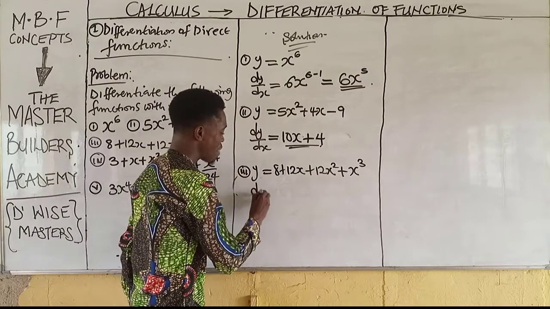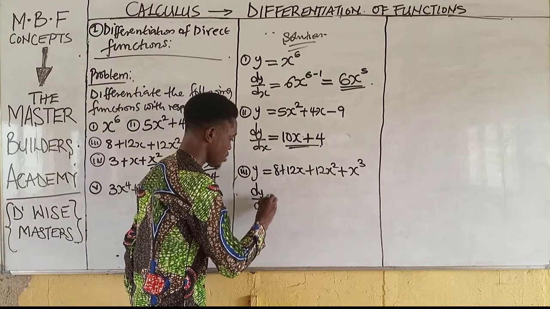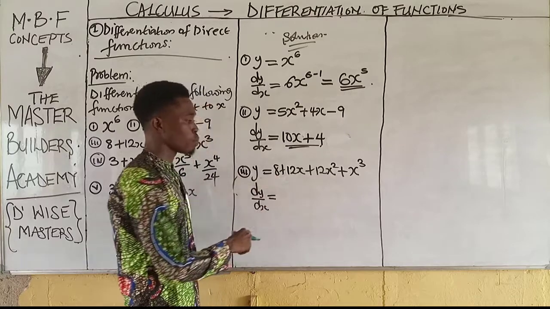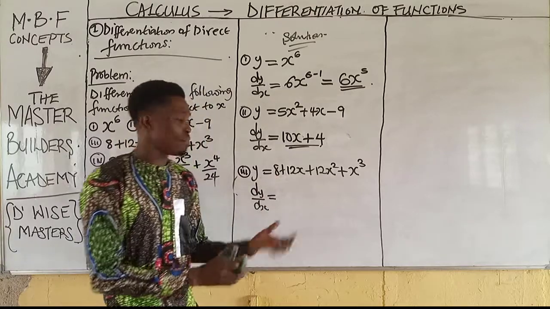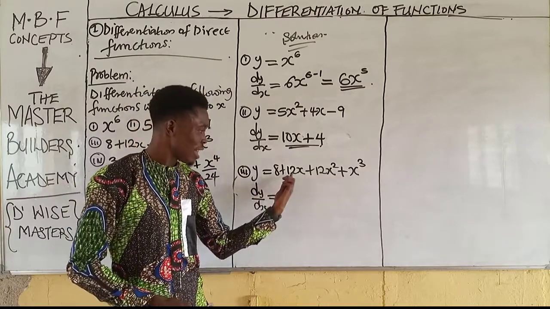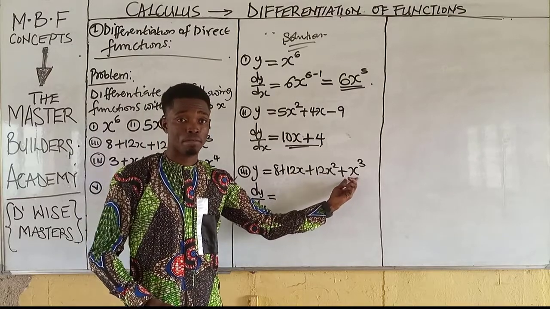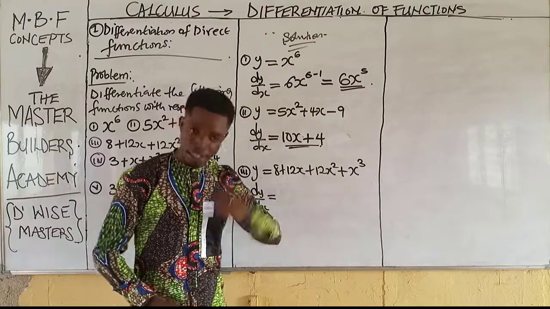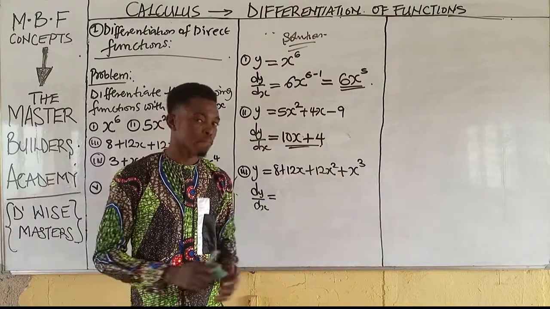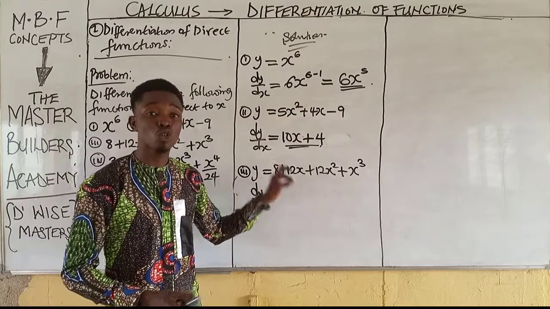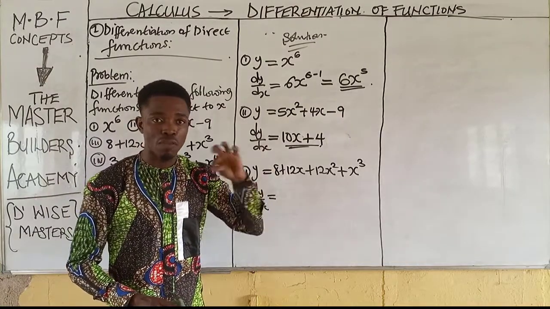So we equally have this as dy over dx is equal to, when you differentiate the first term, which happens to be what? Now we have constant, linear function, quadratic function, and polynomial function. And everything is tagged as polynomial function. Right? Yeah. Now, in this case, what do I do here? All I need to do is to differentiate the individual functions.